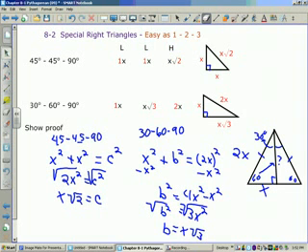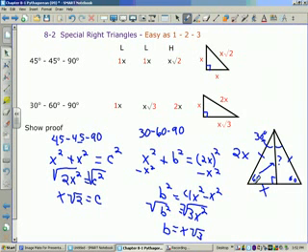And your job now is to remember 1, 2, 3. For the 45, 45, 90, we only get to 2 because two sides are the same. But on the 30, 60, 90, we get 1, 2, 3. Now the thing to remember is the hypotenuse is always the biggest side.